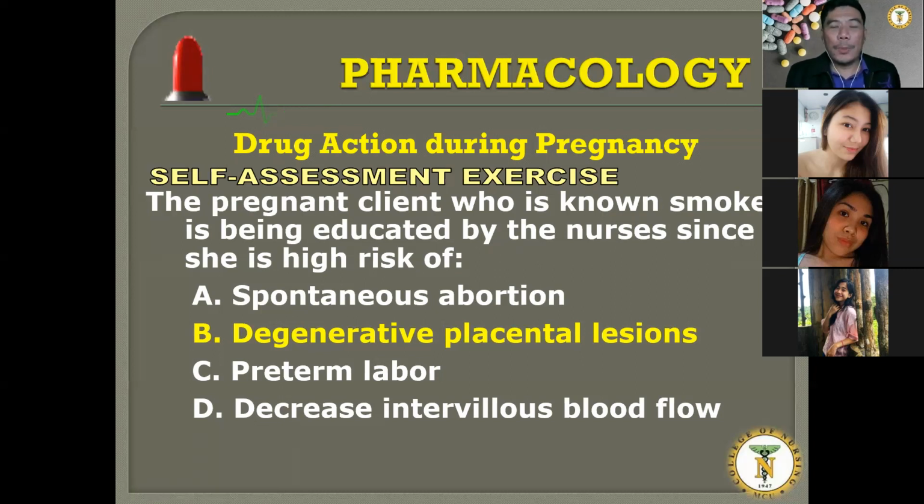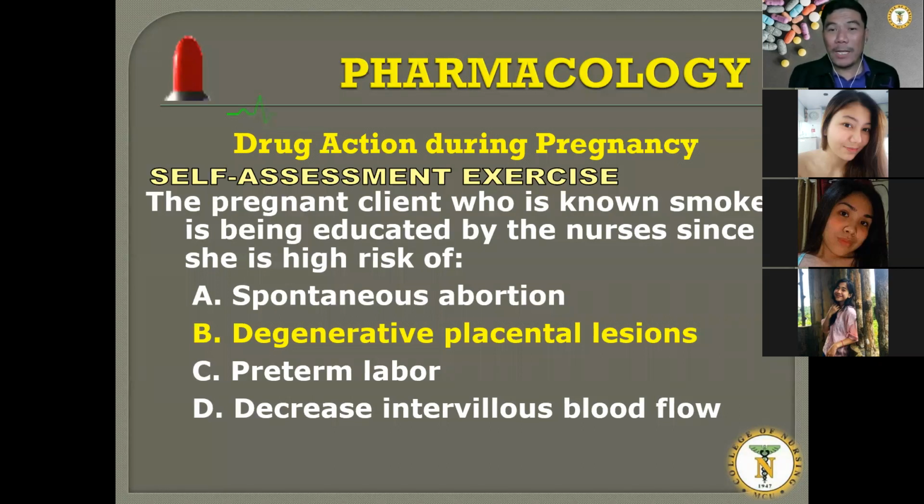However, spontaneous abortion is identified with alcohol, cocaine, and heroin, and preterm labor is more identified with methadone, and decreased intervillous blood flow is identified with other substance abuse. The degenerative placental lesions are more on the tobacco or the cigarette smoke.